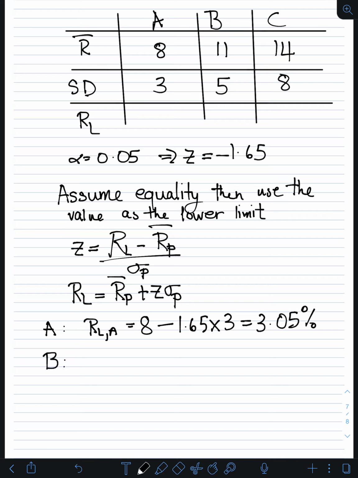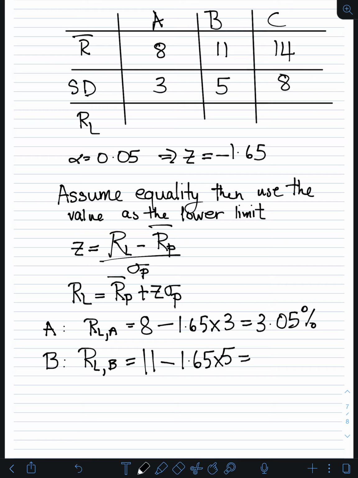Now, for portfolio B, we do the same thing. We're finding RL for portfolio B. We still use the same formula, RP bar. What's the expected return for B? It's 11 minus, again, 1.65 times the standard deviation of B. The standard deviation of B is 5.